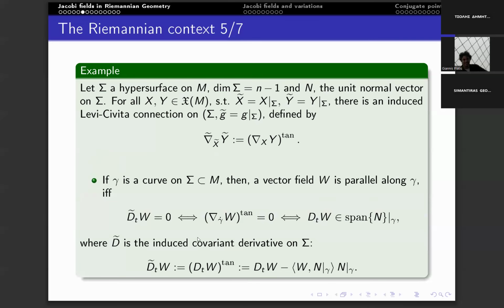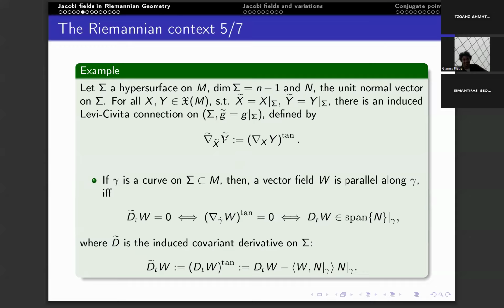Also, here we have another example, starting with a hypersurface Sigma on M. The dimension of Sigma is n minus 1. We have the unit normal vector, and also we can define an induced Levi-Civita connection on Sigma. Here, this is the Riemannian structure of Sigma.